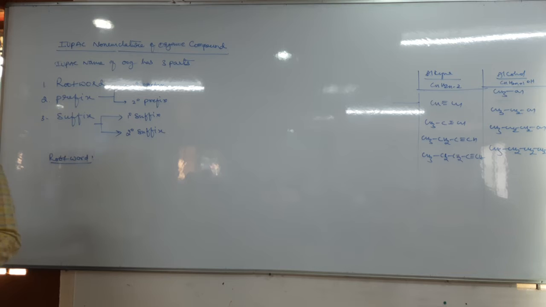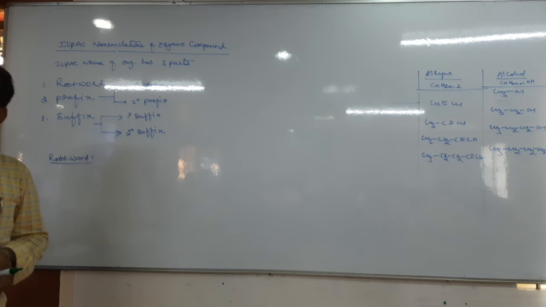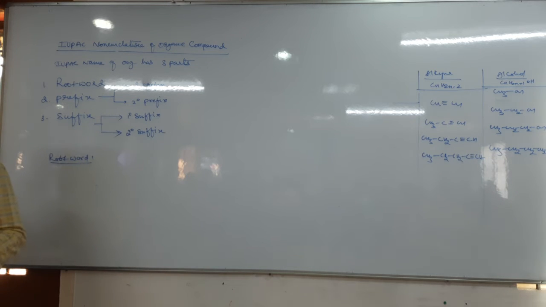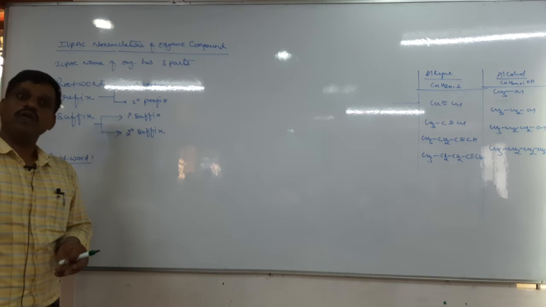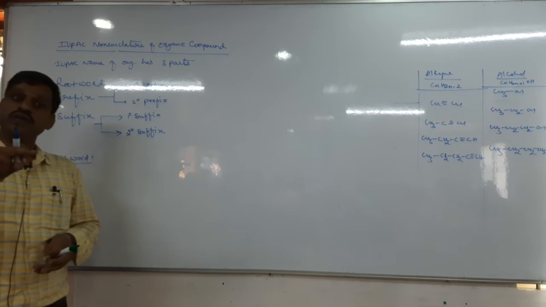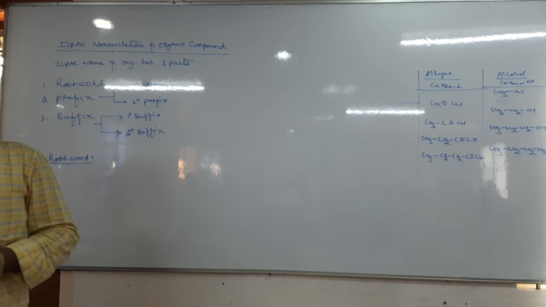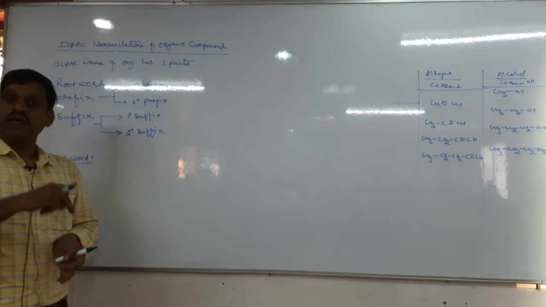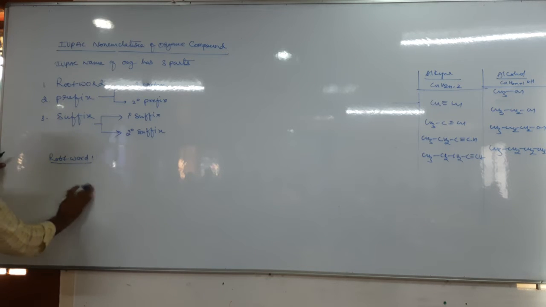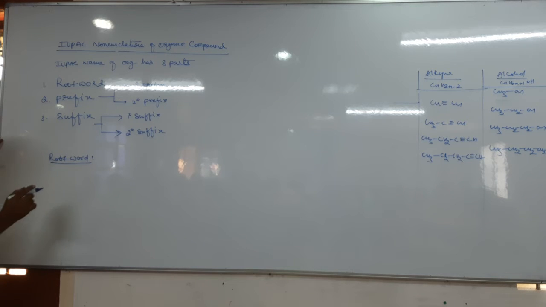If the parent chain has only one carbon, the root word is meth. Two carbons, eth; three, prop; but, pent, hex, hept, oct, non, dec. In organic it is hept, whereas in inorganic it is sept. So it indicates the number of carbon atoms in a parent chain.